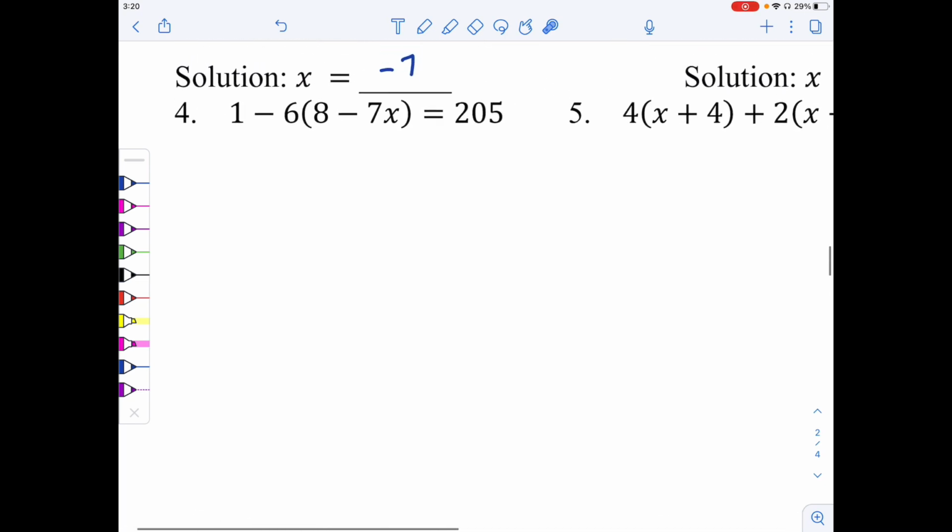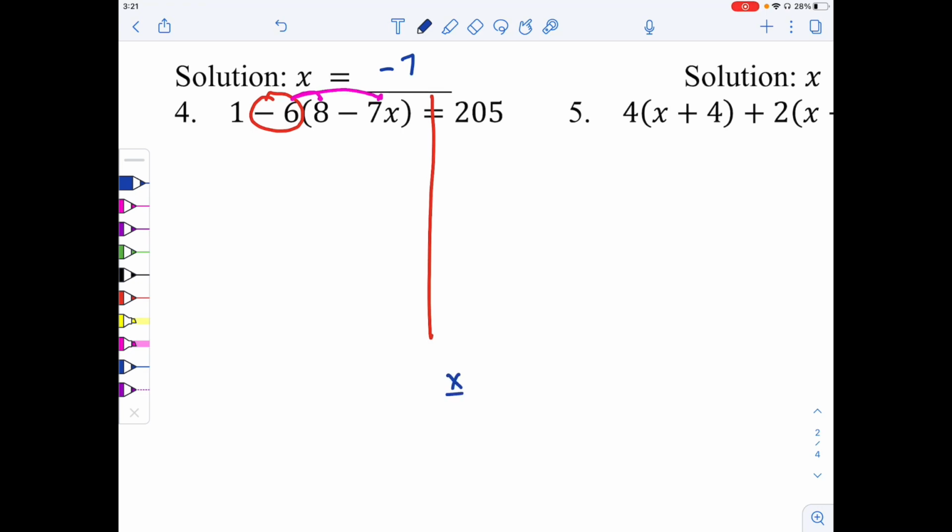similar, right? So we have equals right there. So now we're going to distribute this negative 6 to the 8 and 7x right there. Right, so when we distribute that, let's write it.